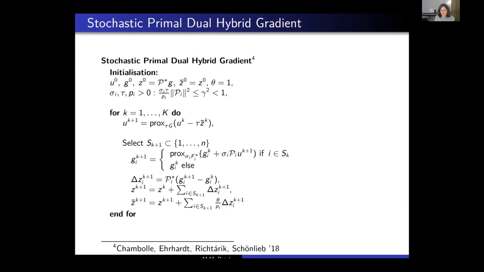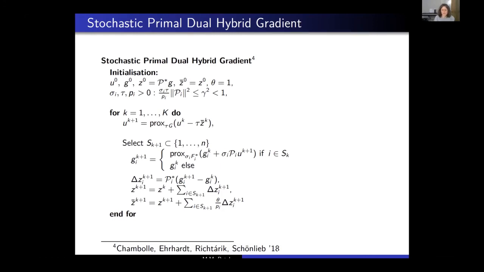But now we do this every time for the selection of the indices for a partial forward operator.